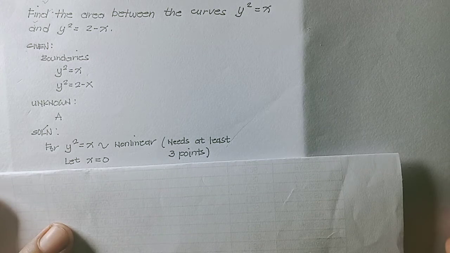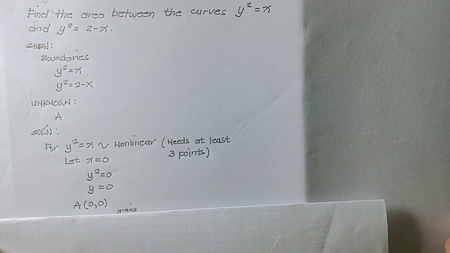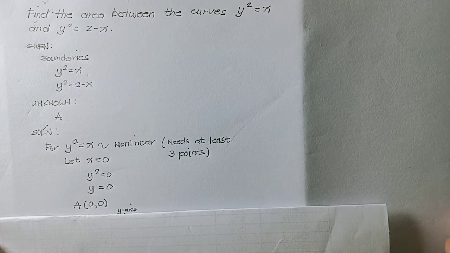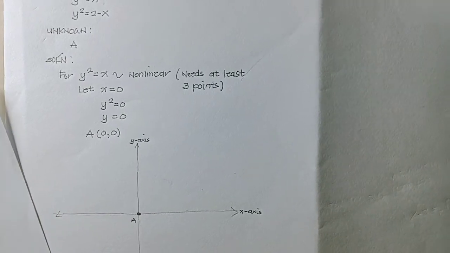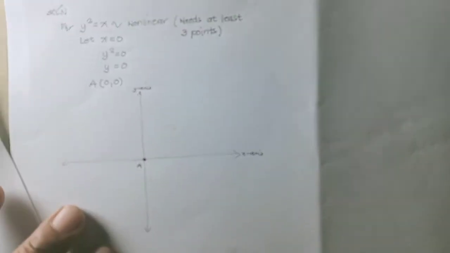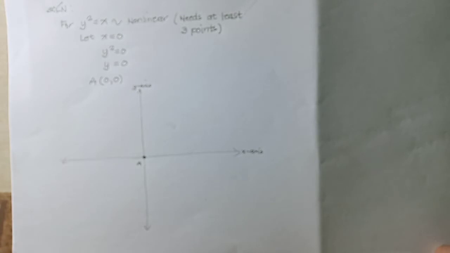Since we need 3 points and there is only one intercept, because when we set y to 0, we will also end up with the same point. And graphing it, there's the graph. Alright, that's the plot of the point.